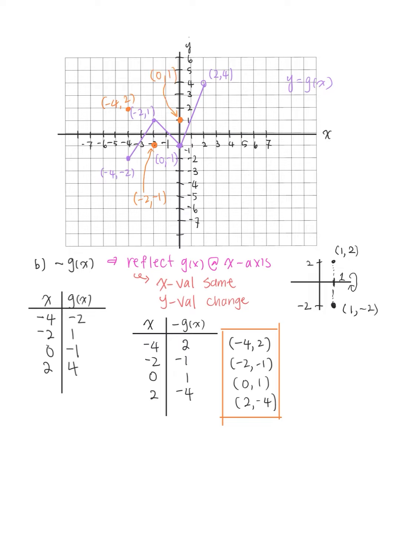And the last one is 2, comma negative 4. Oh, but remember, we have the open circle around 2, comma negative 4. So the reflection of that should also be an open circle. So here it is. Okay, now let's connect those dots. And this is the graph of y equals negative g of x.